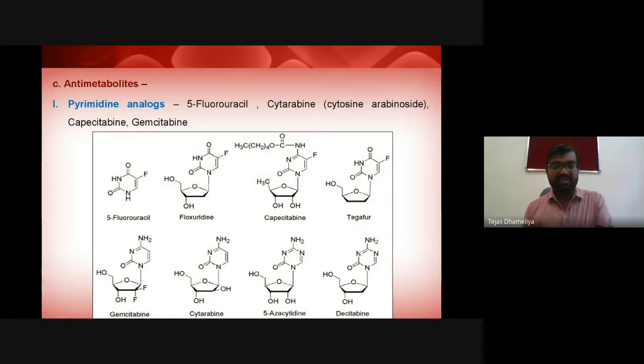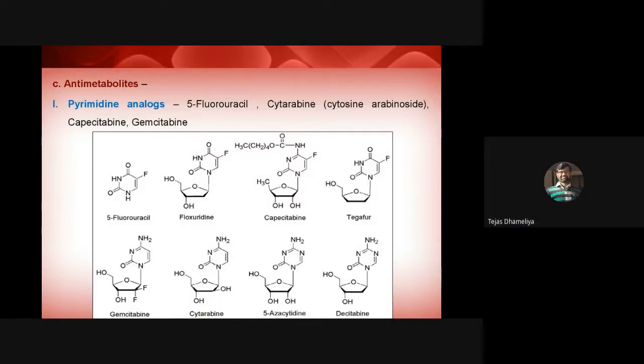Therefore this is used as an anti-cancer agent. Not only anti-cancer agents, but many kinds of agents can be used for this purpose.